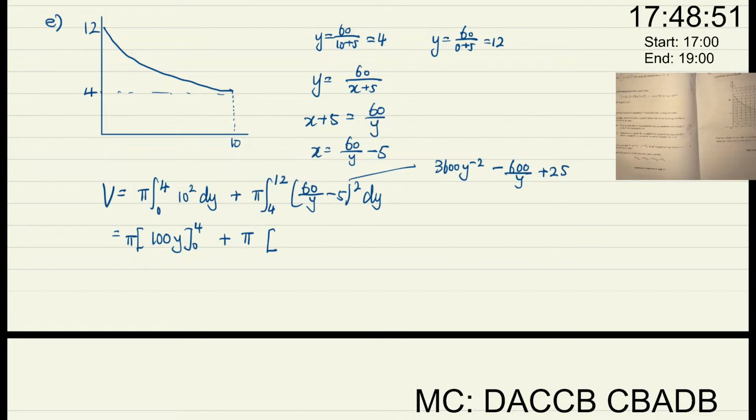So you've got 3,600 and you're integrating, so you're dividing by the new power, so you've got negative 3,600 over y. Oh man. Minus 600 ln y. Have I bricked this question? What have I done? I can't see this question being this hard.